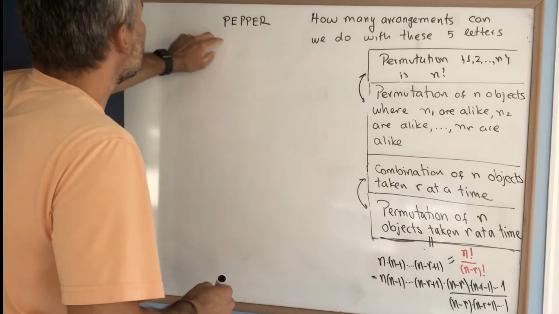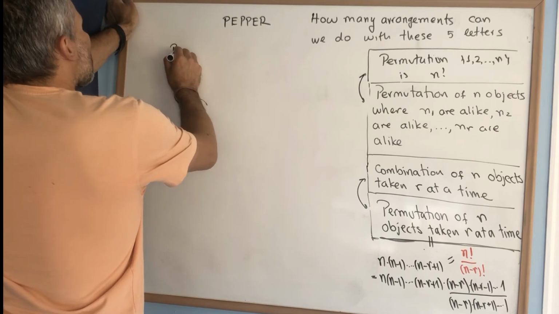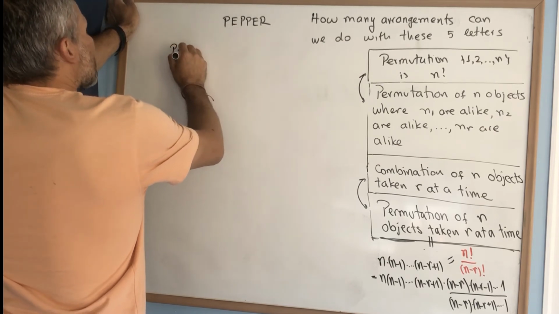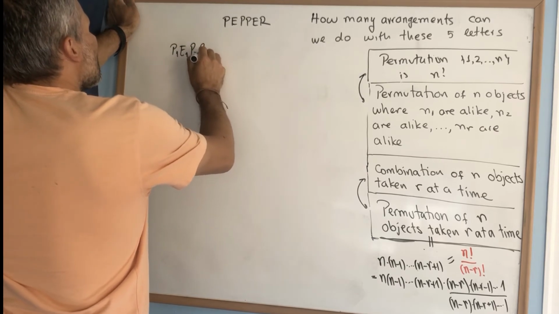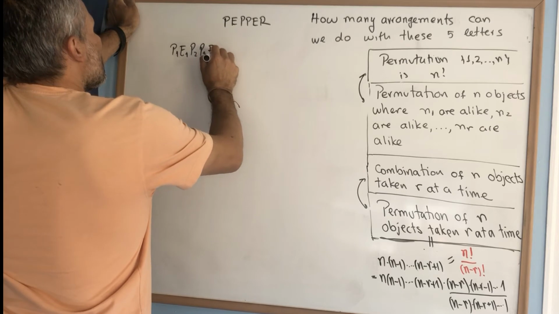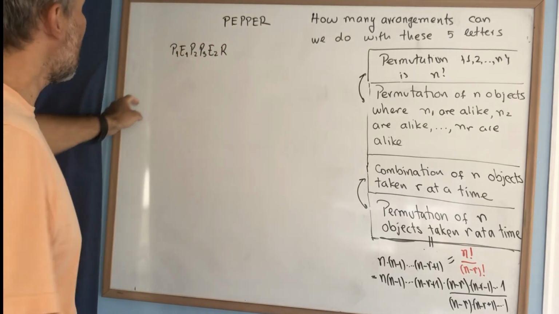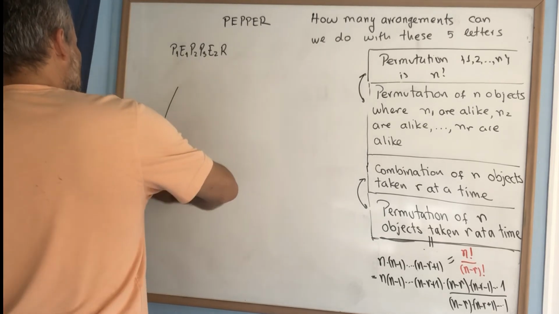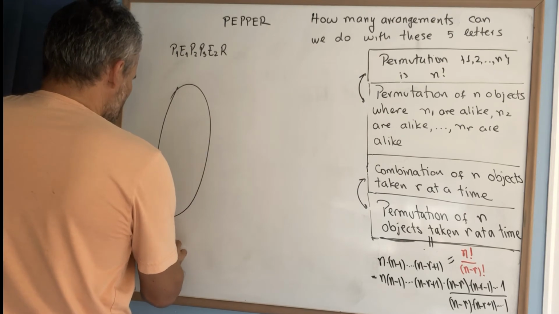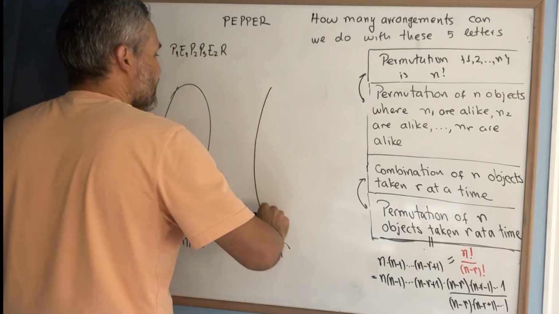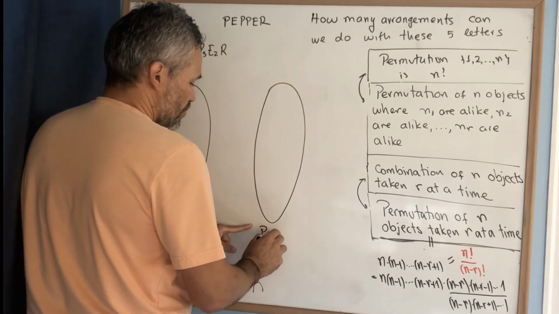But then we're going to compare these two. To make that comparison, we're going to make the letters different. Let's suppose that these P's are different, and the E's are different. Then we have this situation: P1, E1, P2, P3, E2, and R. Then here we have the set of permutations, and here we have the set that we don't know.